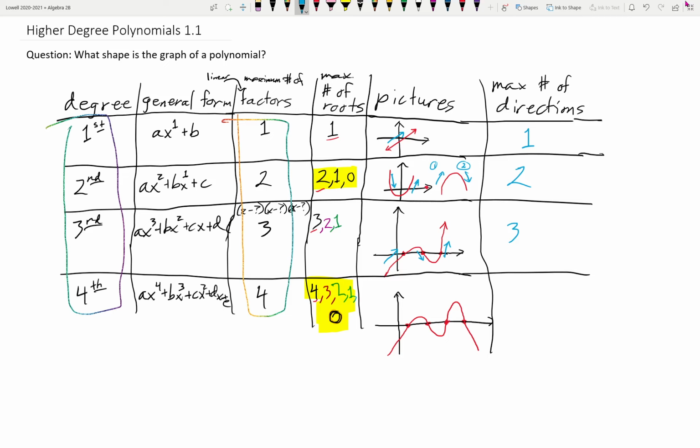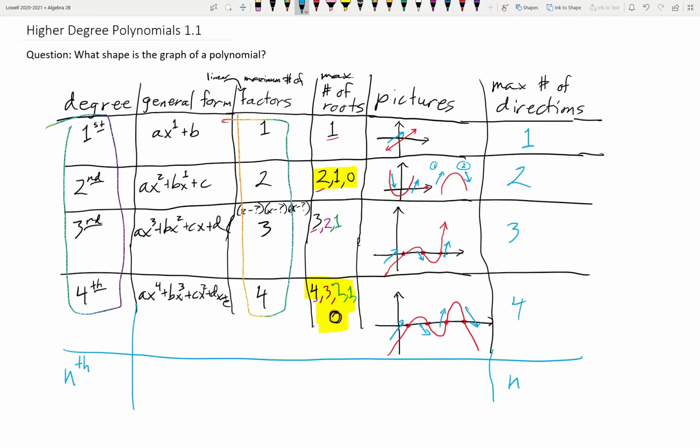And last but not least, we have our 4th degree polynomial, which starts off increasing, then goes to decreasing, so that's 2 directions. Changes direction again to be increasing, and then back down to decreasing. And so we can see that if there is an nth degree polynomial, the maximum number of directions would be n.